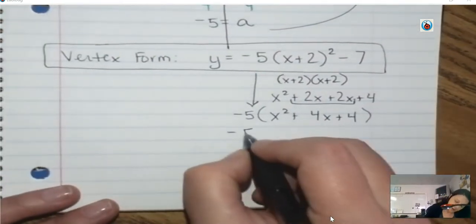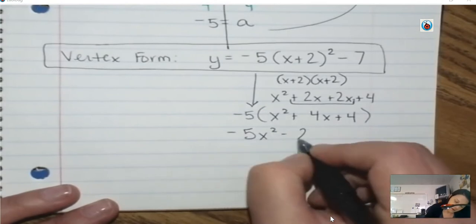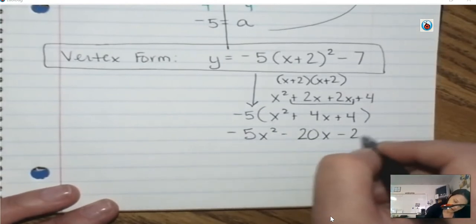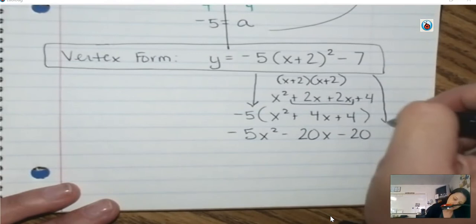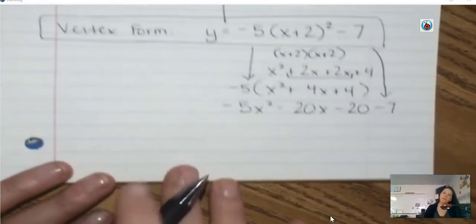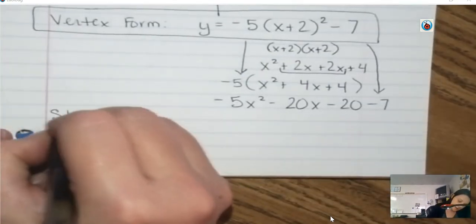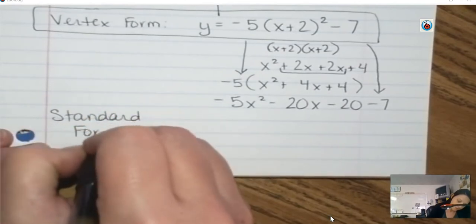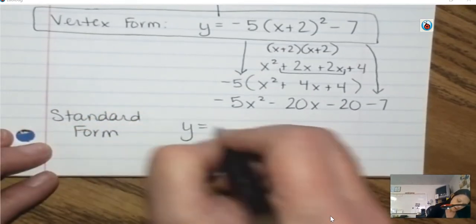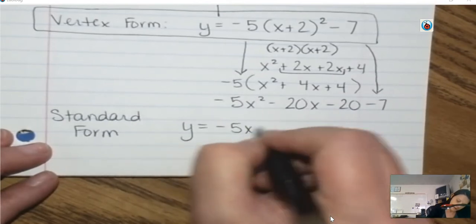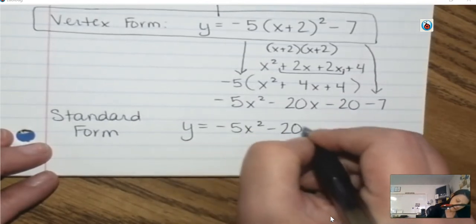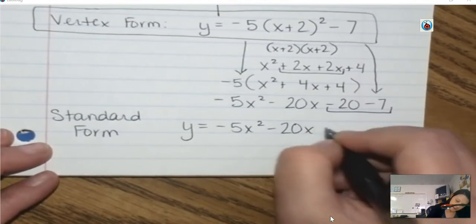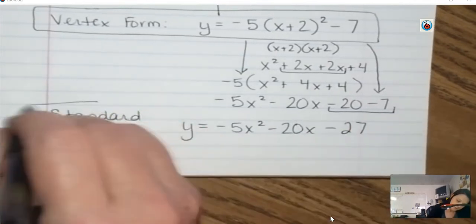So then I get negative 5x squared minus 20x minus 20. And then the last step is to bring down that back number. And our final answer for standard form is y equals negative 5x squared minus 20x, and then you combine these like terms and get negative 27.